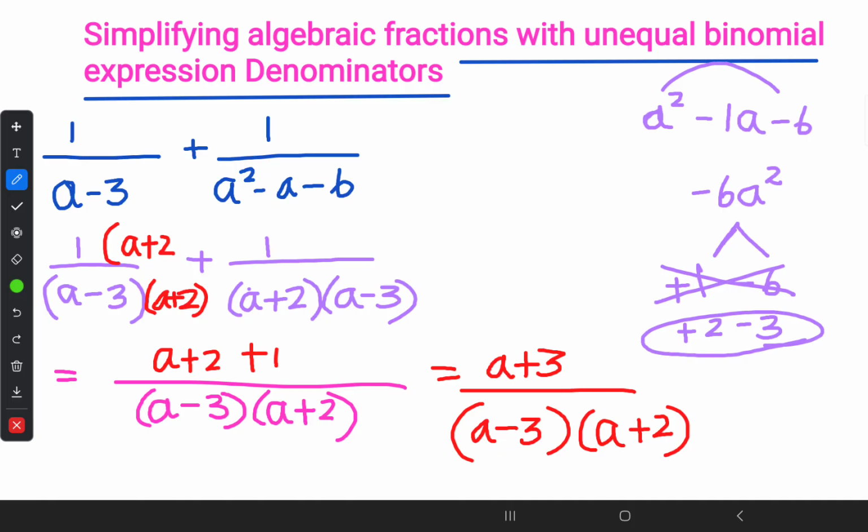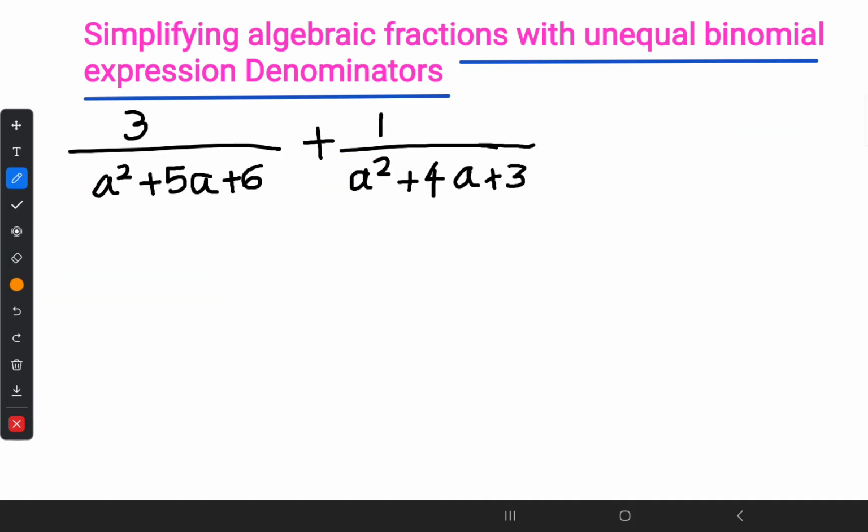If you can do the factorization easily, the rest of the steps will be much easier for you. That's what I did here as well: a plus 2, a minus 3. Thereafter we determine what would be the LCM. By looking at the LCM, the first fraction was multiplied and we got the equivalent fraction to obtain the final numerator.